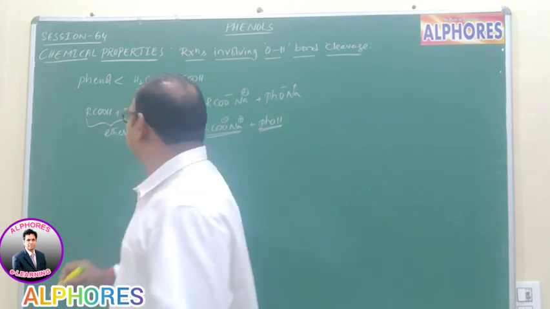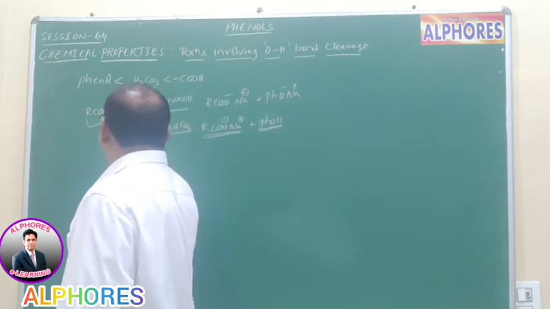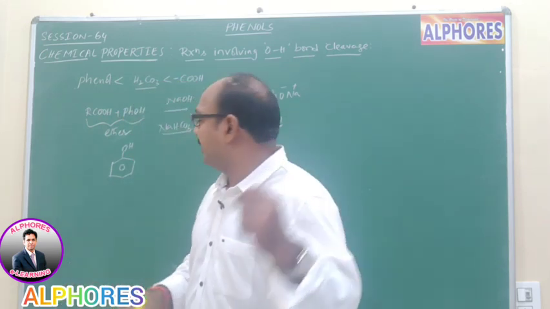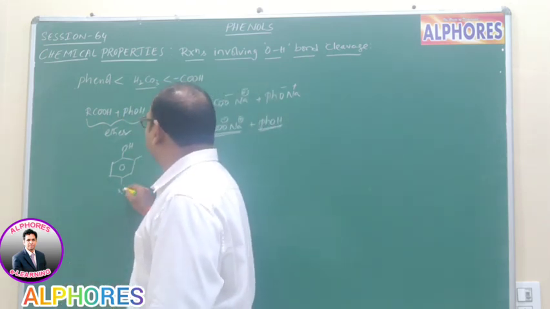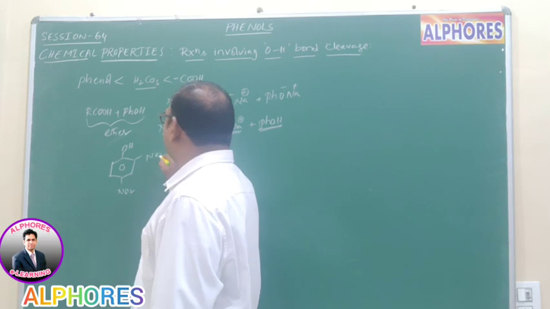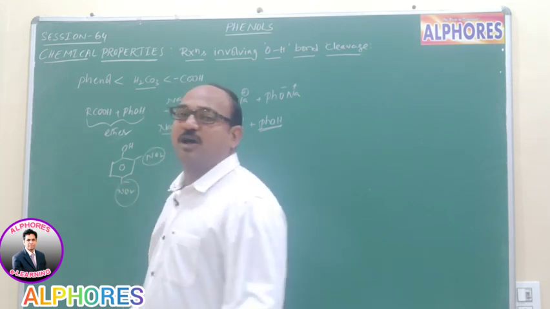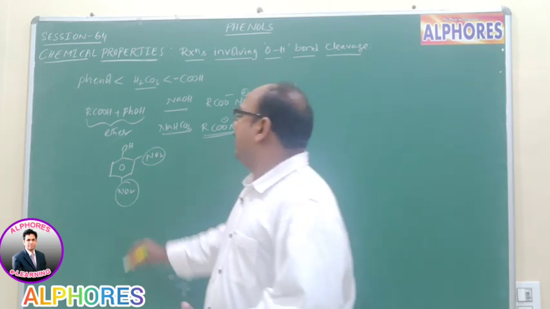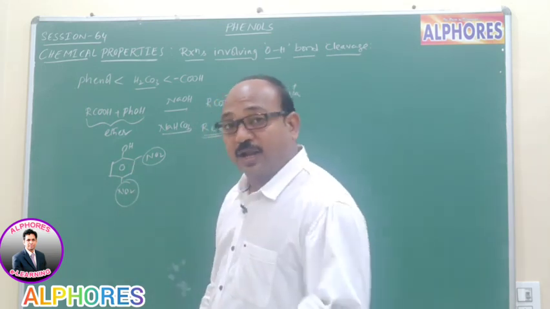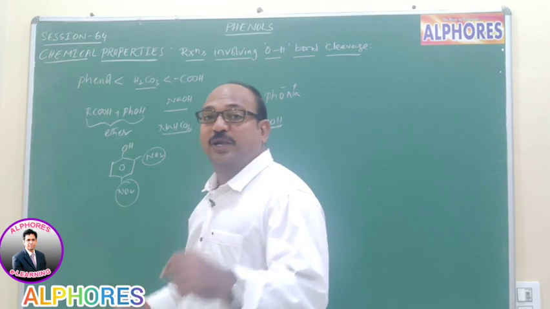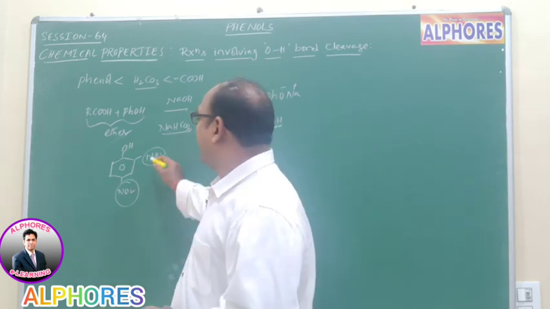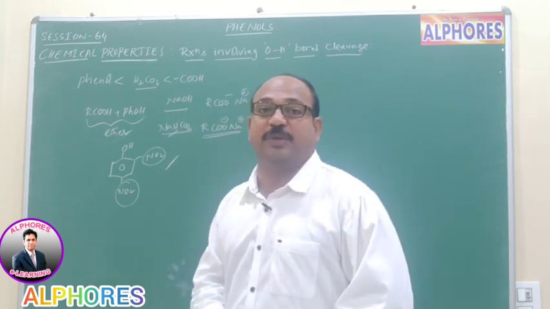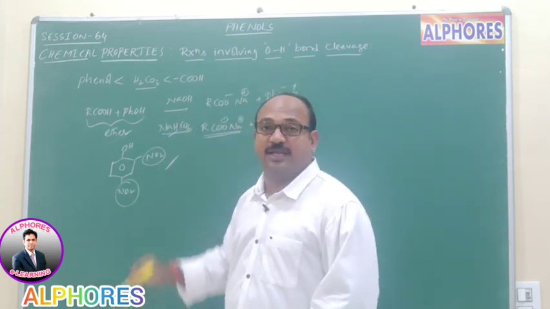But in the previous session we learned about the presence of nitro groups in phenol, particularly in the ortho and para positions. If two nitro groups are there, because they are strong minus M, strongly electron withdrawing groups, the acidic nature is very high. Now 2,4-dinitrophenol can react with NaHCO3 because the acidic nature is enhanced.